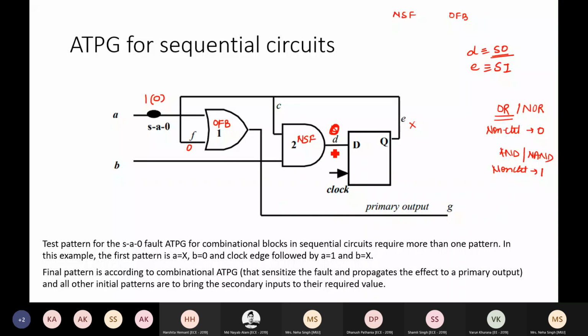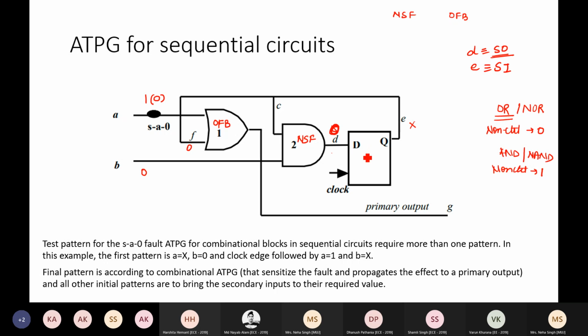When will D be 0? When the output of this AND gate is fixed to 0 somehow. How can I control it? This C which is coming is a secondary output, I cannot control it directly. But if I put B equal to 0, then I am sure that the output of this AND gate will always be 0.